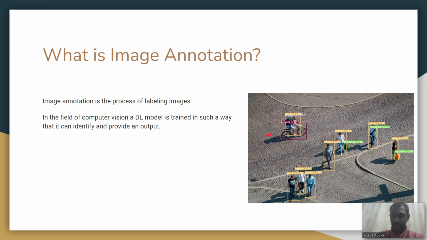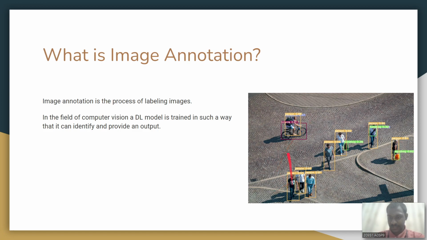With the help of that, this rectangle has been created, and on top of that, it has detected what kind of object it is, and it has stated that it's a bicycle, and the model is 81% sure that this object is a bicycle.